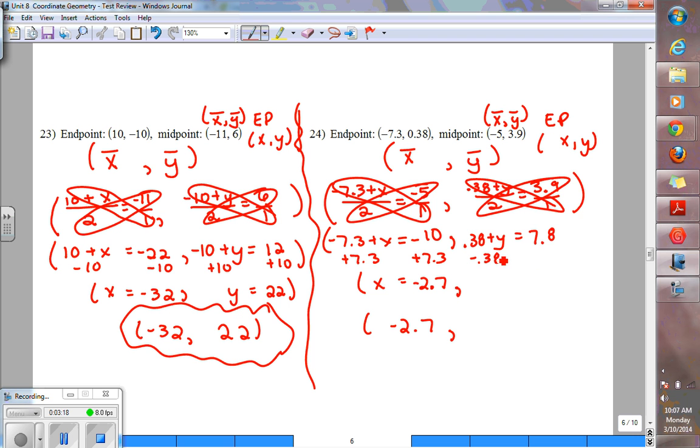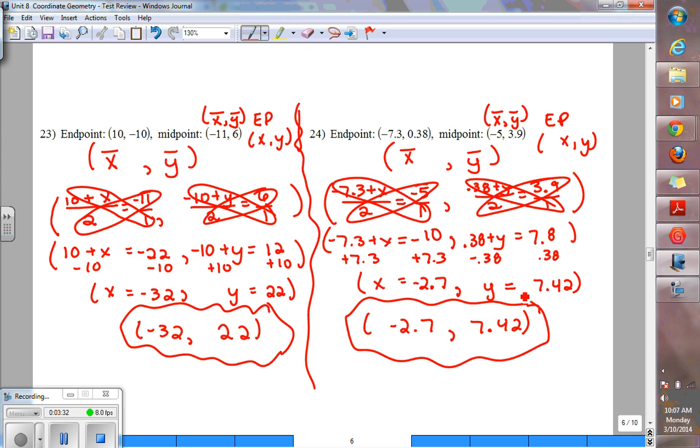Subtract 0.38 from both sides of my equation to get y equals 7.42. The coordinates of my other endpoint, problem 24, are negative 2.7, 7.42.